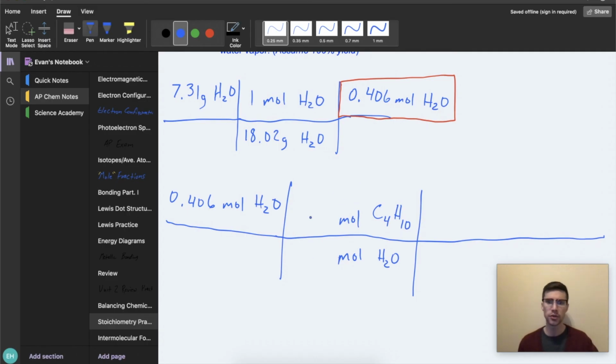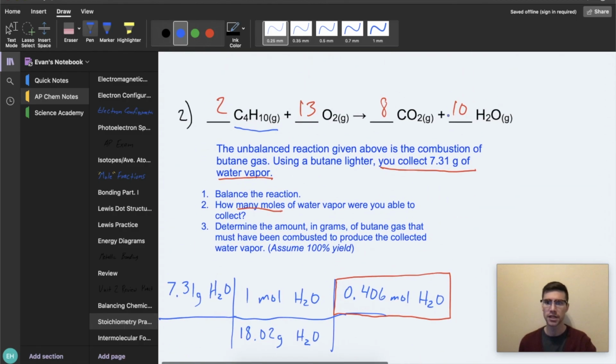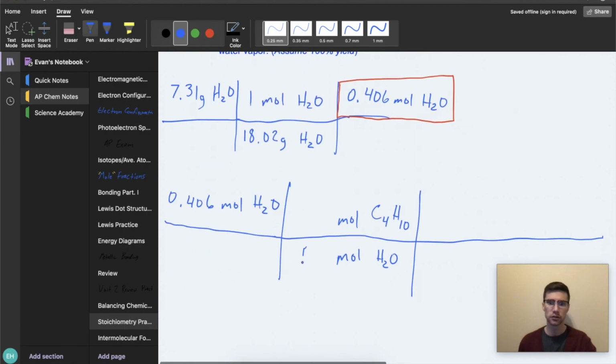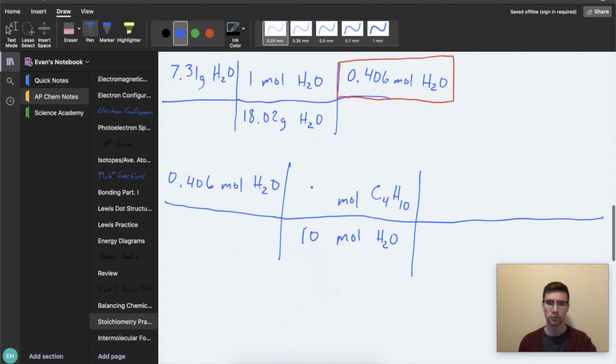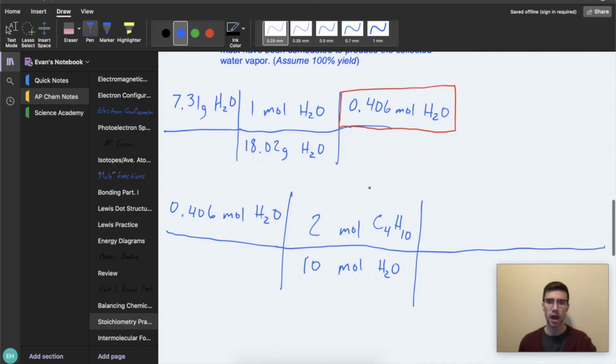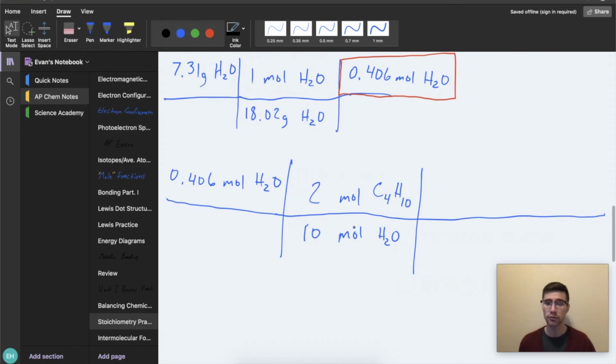Now, I'm going to put numbers in here based on our coefficients. So our coefficient for water is 10, and our coefficient for butane here is 2. Okay, awesome. Now, keep in mind, this problem said determine the amount in grams. So it's important to not end at moles. We want to convert to grams. So 1 mole of C4H10, and again, you guys can find this on the periodic table.